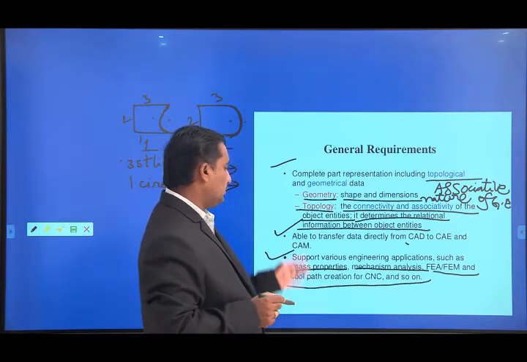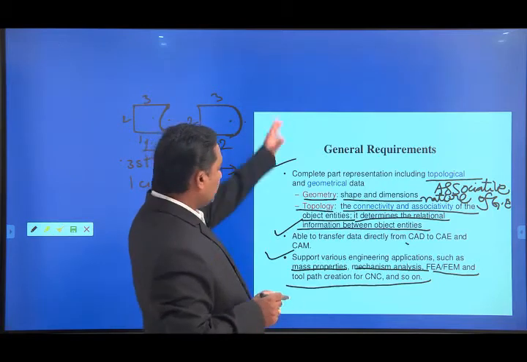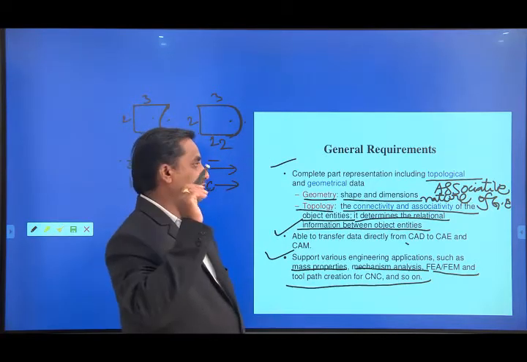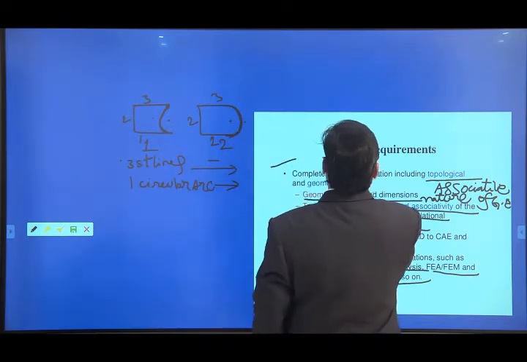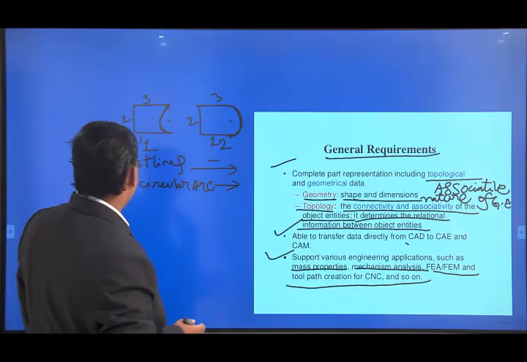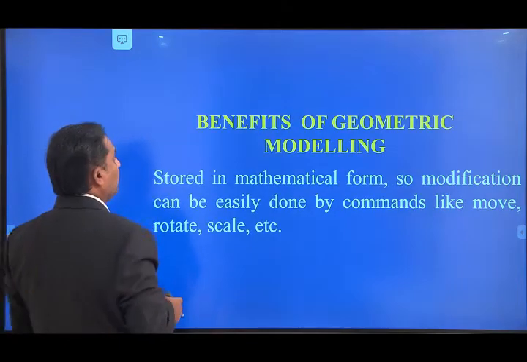For all these things, the data must be supported for analysis. These are the major, very important general requirements for geometric modeling. Okay, next we can move on to the next topic.